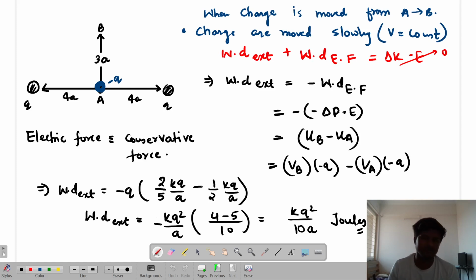Okay, so no, no, means some another rocket kind of engine, some another external agency is there which is accelerating the charge, right or not? If velocity changes, that means what? Acceleration is present. So for that, I need to consider net change of kinetic energy to be not equal to zero. Okay.